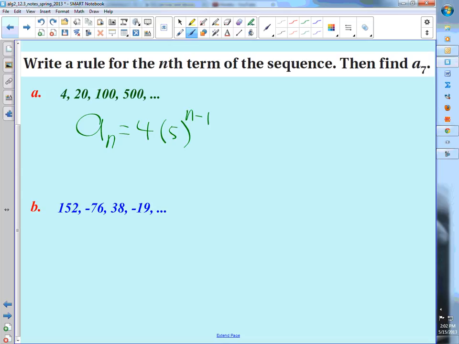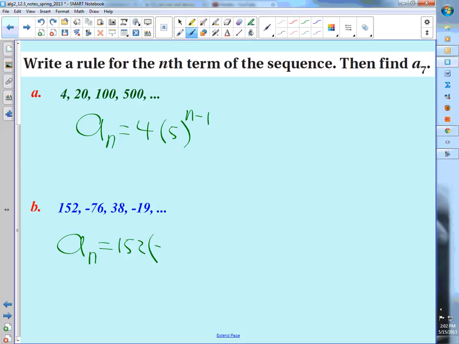On the second example, Ashley, how about that one? What did you get for a sub n? I haven't finished it. That's okay, I'll wait, or we can do it together. It's not really very complicated. What is a sub n going to equal? 152 times 1 over negative 2.